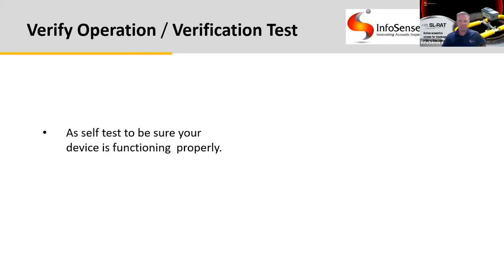The verify operation test will run through the same sequence of tones as a regular field acoustic test, but at a lower volume. It produces a score at the end of the test, and you should get a 9 or 10 if the unit is in good working order. To run the test, scroll through the menus on both the RX and the TX devices separately and select Verify Operation.